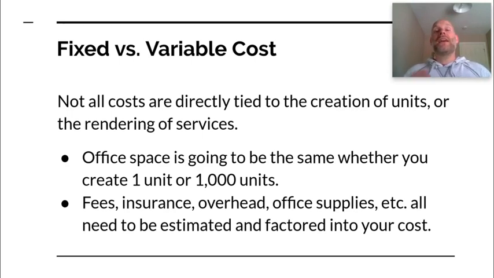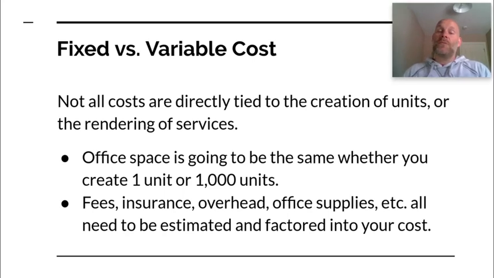But you have to take all of these, and this is where it gets a little more complicated. You have to take all those things and factor them into your cost as well. For example, Jalen, you would need to have insurance in the business that you're proposing. So you would need to take whatever that insurance cost is.